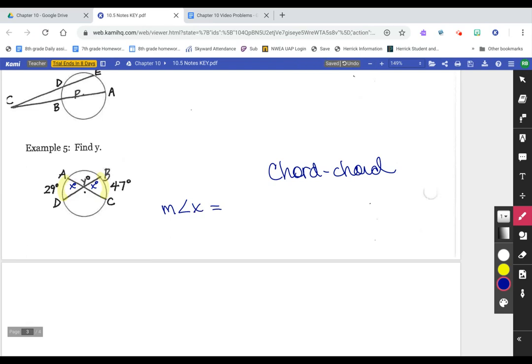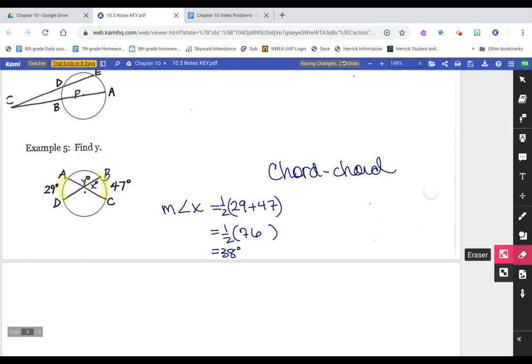So the sum of 29 and 47 is 76, and when you take half of 76, you end up with 38 degrees. So that's X. Let's erase one of these and write 38 in there.